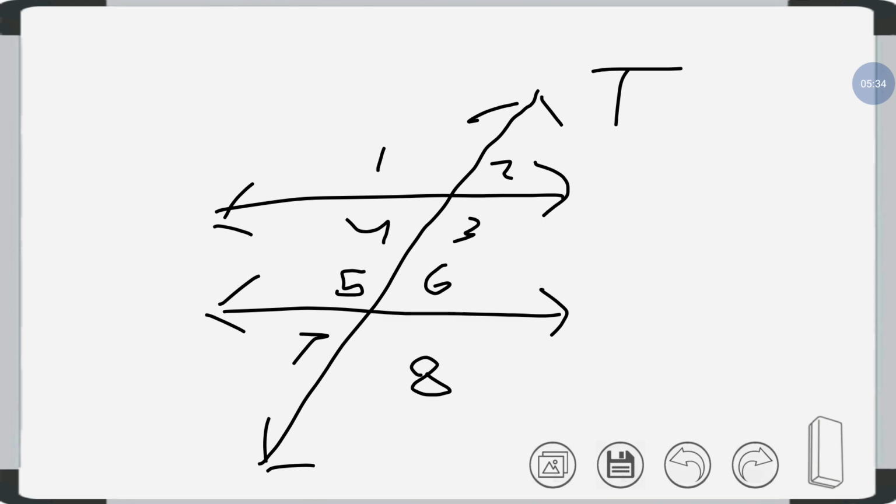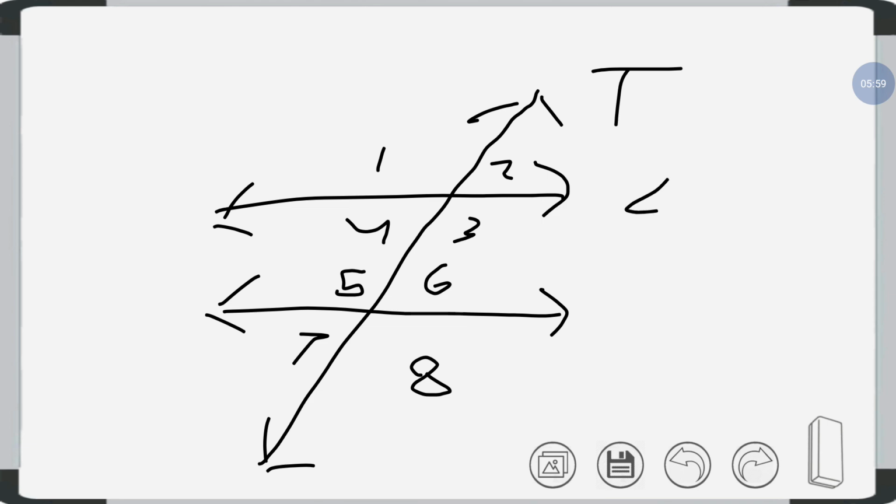The last angles we are gonna talk about are the alternate exterior angles. So this is the first exterior angle we are gonna learn. Alternate exterior angles lie on opposite sides of the transversal and outside the intersected lines.